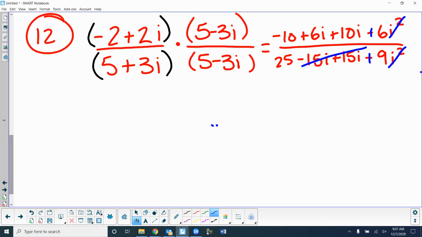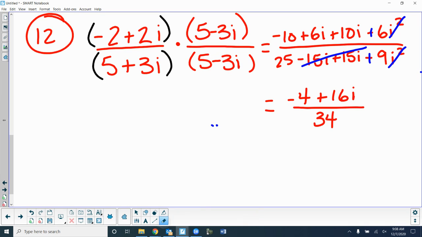All right. So my top, the numerator, is negative 10 plus 6, negative 4. 6 plus 10, 16i for like terms. And 25 plus 9 is 34. Is that finished? No. Those all are even.